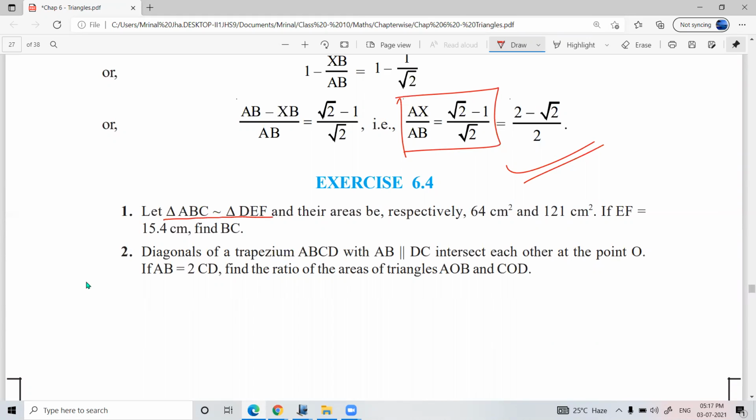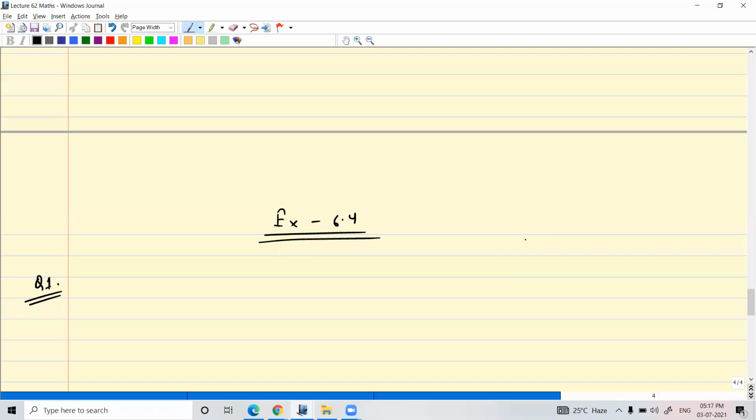So they're saying: let triangle ABC and DEF be similar, and their areas be respectively 64 centimeter square and 121 centimeter square. If EF is 15.4, find BC. So ABC, DEF. Let's draw the triangles first of all.